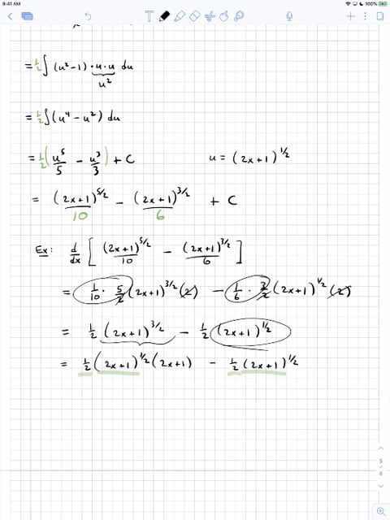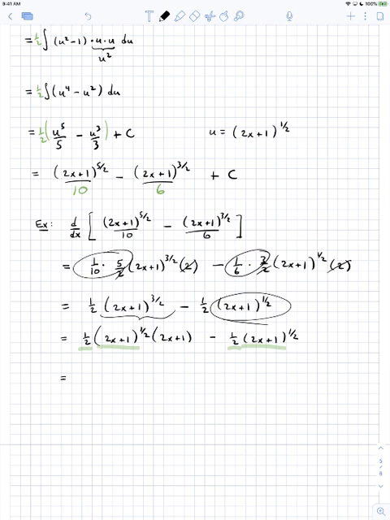So we can factor those out. So you're going to have 1/2 times (2x plus 1) to the 1/2, and we're factoring it out, so that's going to leave a 2x plus 1 here, minus, and you're factoring out the whole thing here, so that's just going to leave you with a 1. But this is 2x plus 1 minus 1, that's just 2x.